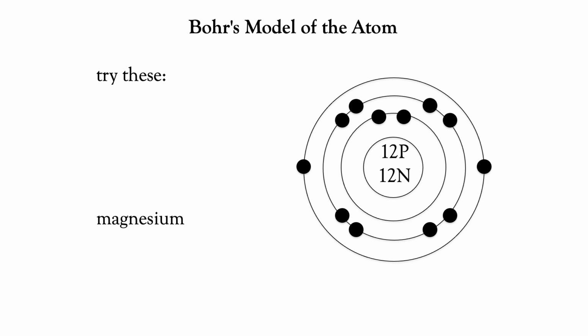So you have 2 in the first orbit, and 8 in the second orbit. So 8 plus 2 is 10. And so what's left is only 2. And that is why in the third orbit, we place 2. So all in all, you have 12 electrons.